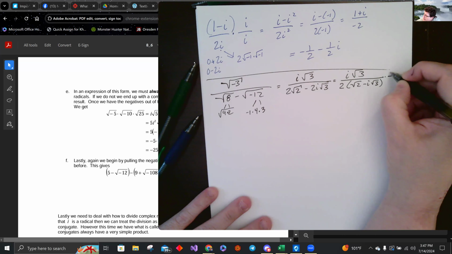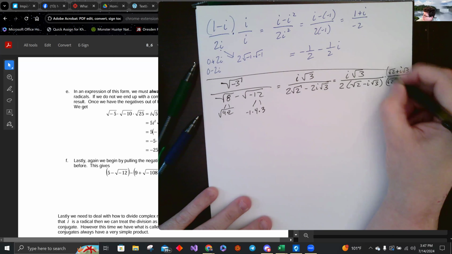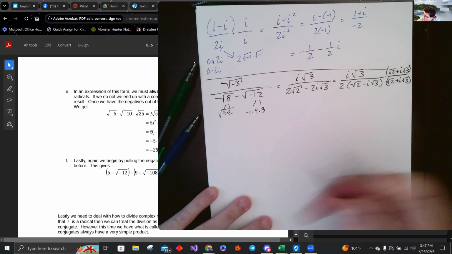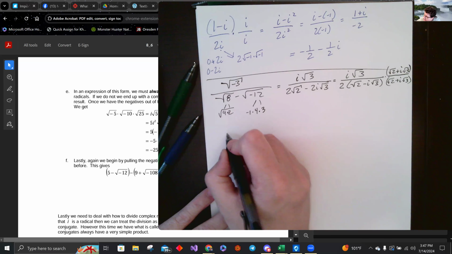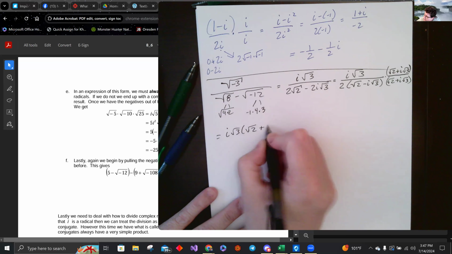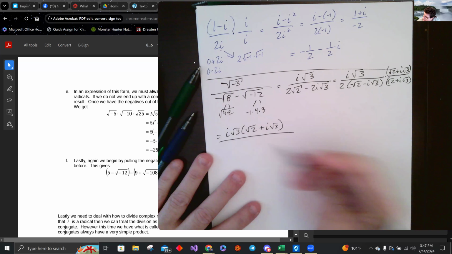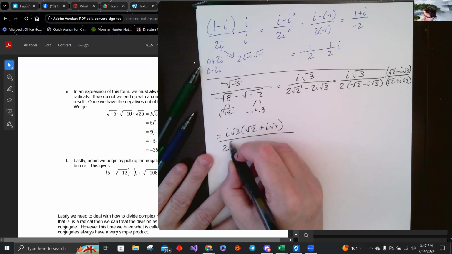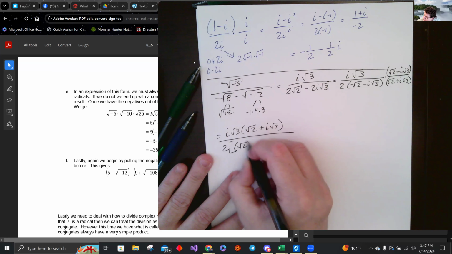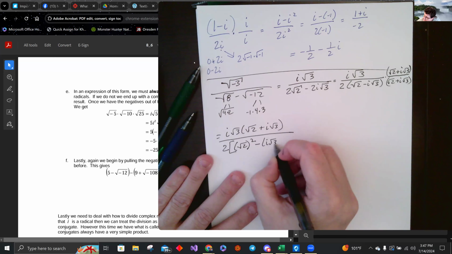So the conjugate of this is square root of 2 plus i root 3. So I've got i root 3 times root 2 plus i root 3 all over 2 times square root of 2 squared minus i root 3 squared.